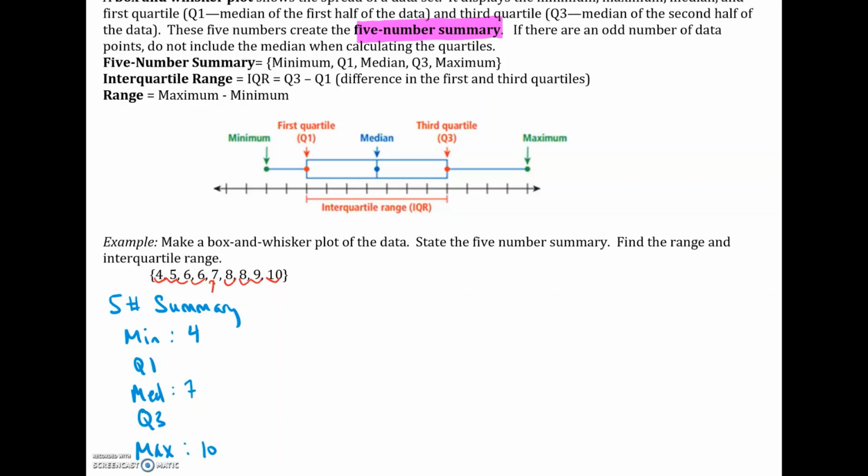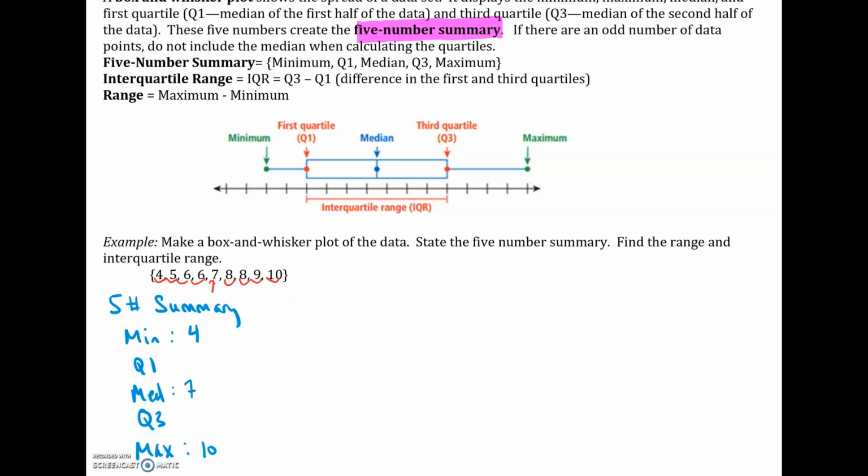So then how do we break up quartile 1 and quartile 3? Because we haven't seen that before. What we do is we basically don't include the median. So we want to look at that first half and that second half and find the middle number of both. And here you're going to notice, wait a minute, we've got an even number. So if you have an even number of data points, we're going to average the 2 middle numbers to find the median of that set.